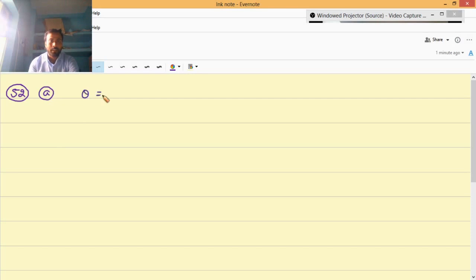The value of theta given here is 2 degree, and the time period given is 2 seconds. In part A what is asked is the radius.